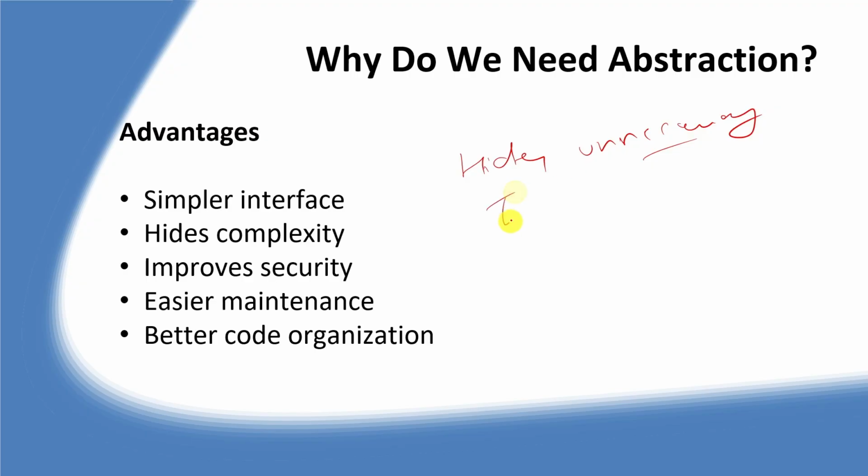Unnecessary implementation details are hidden. And why complexity? Because generally the implementation part will be complex and that is not essential to the end user.